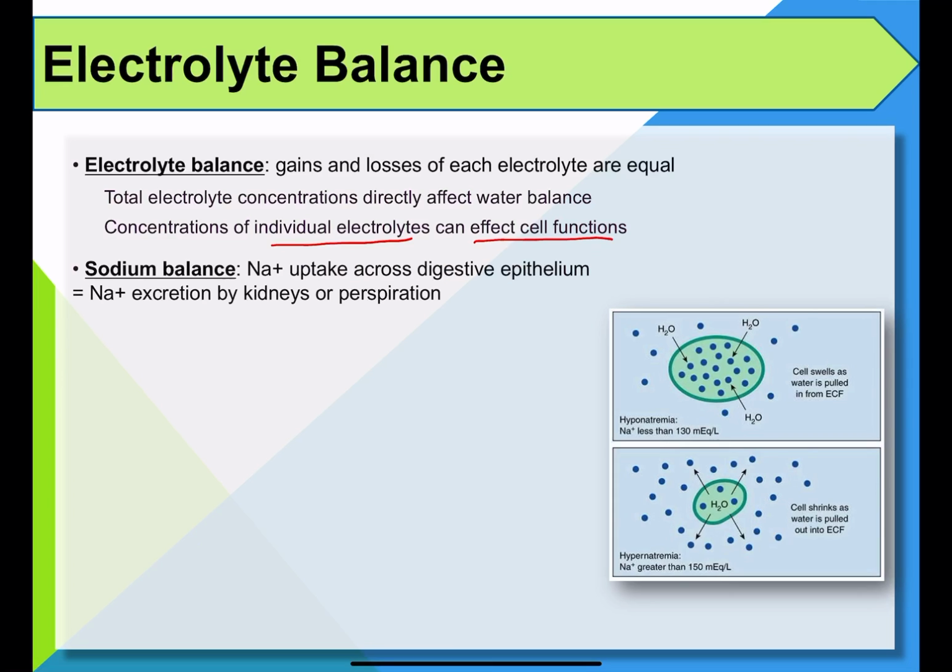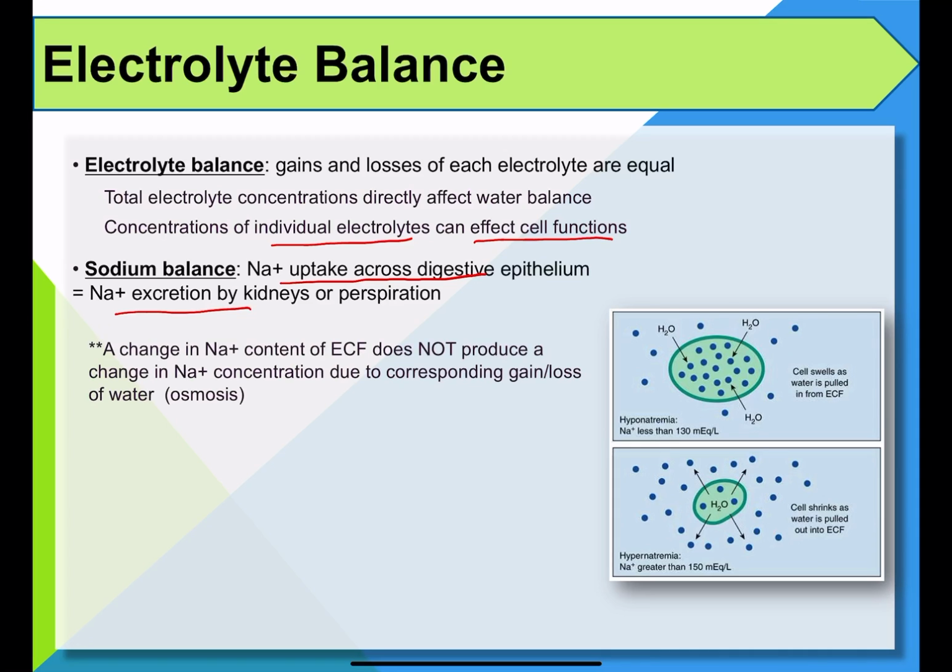The amount of sodium ion uptake across the digestive system has to equal the amount of sodium excretion, or you can end up with hyper- or hyponatremia, which we just talked about.